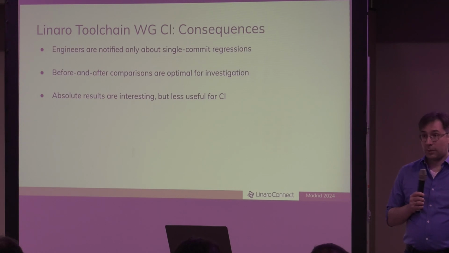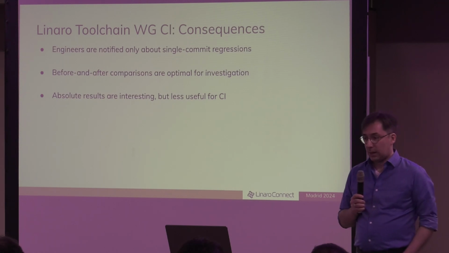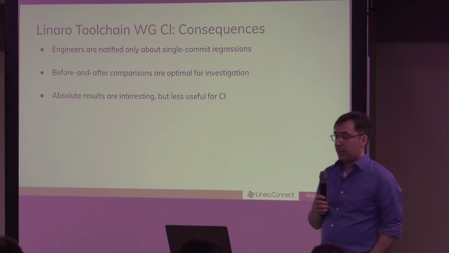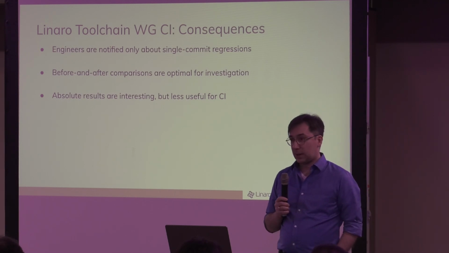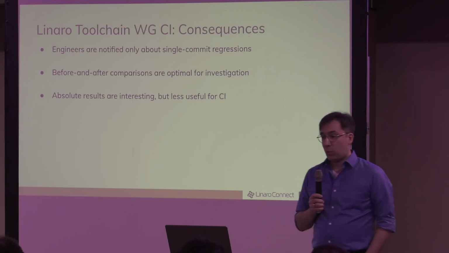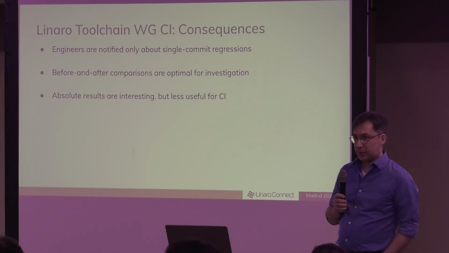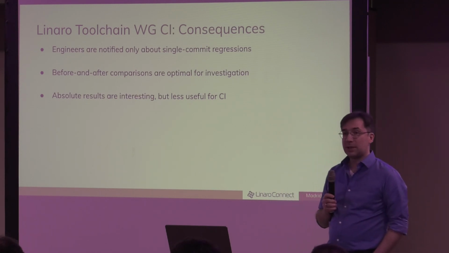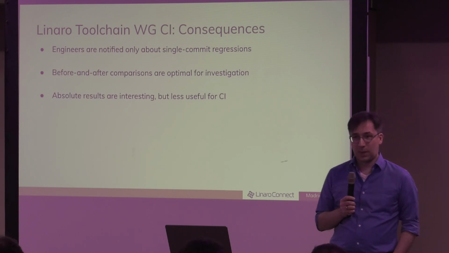So if we have those constraints and those desires, these are the immediate consequences that we need to satisfy to build our CI. We want engineers to be notified only about single commit regressions.